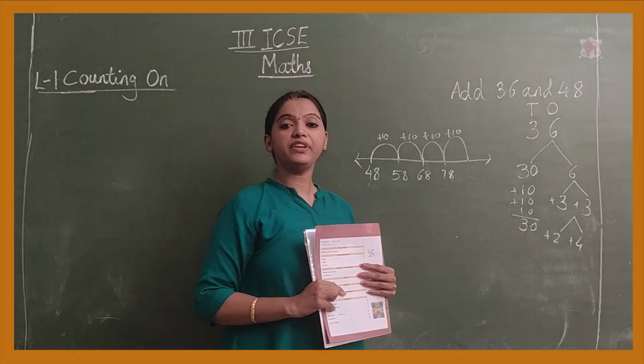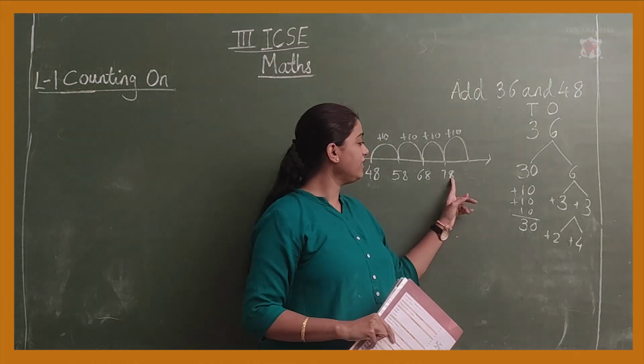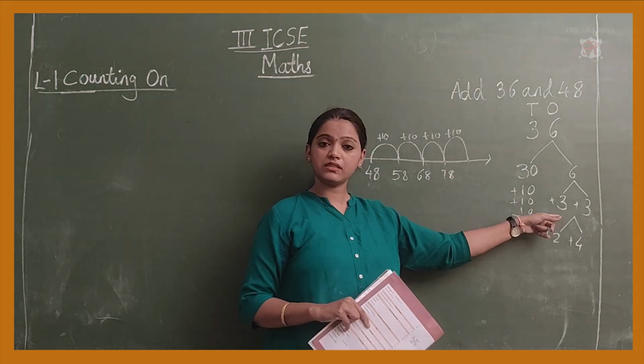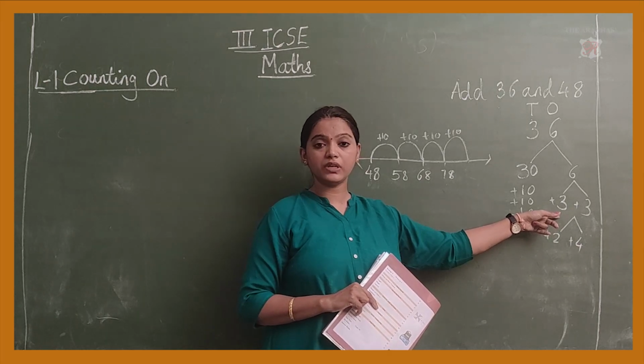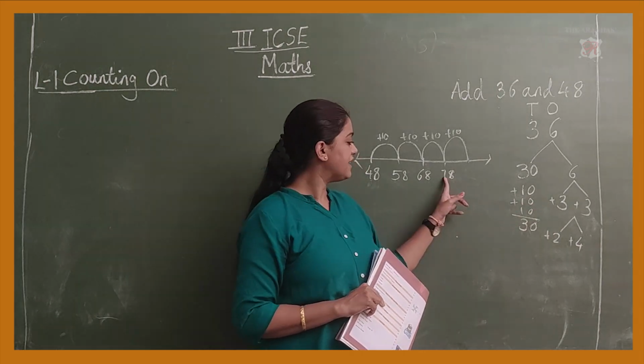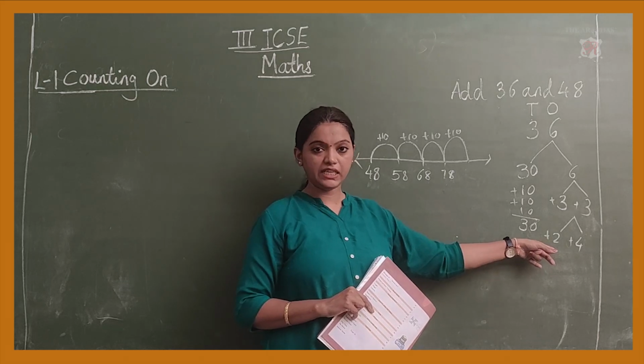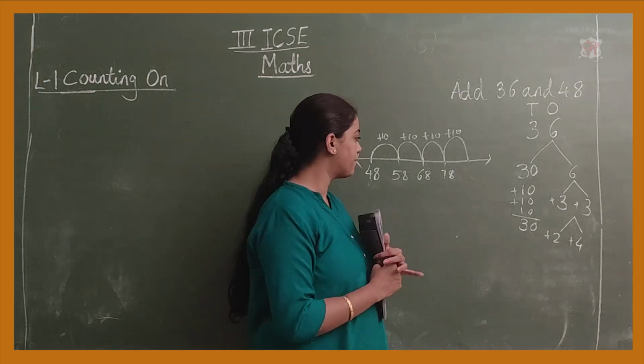Why have I taken 2 plus 4 over here? Can 78 plus 3 make a landmark number? No. 78 plus 2 becomes 80. 80 is the nearest landmark number.